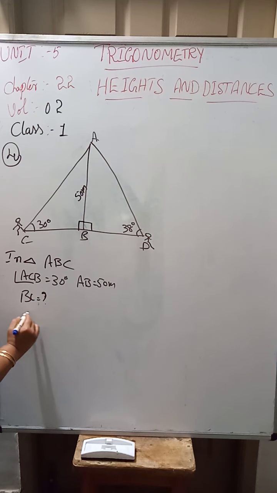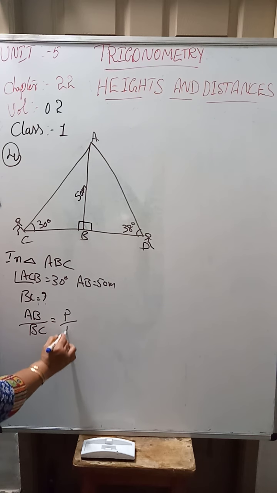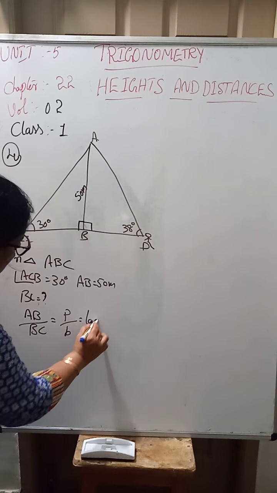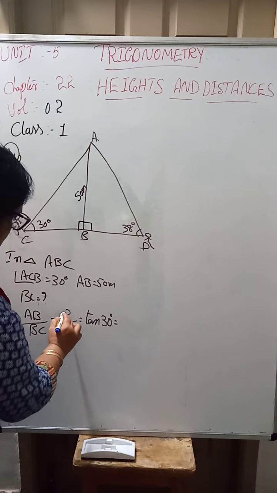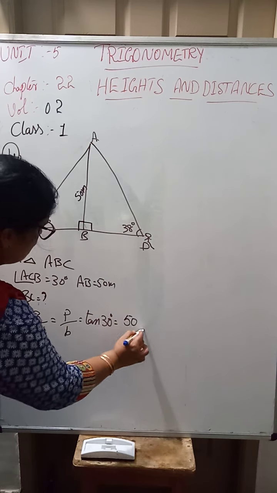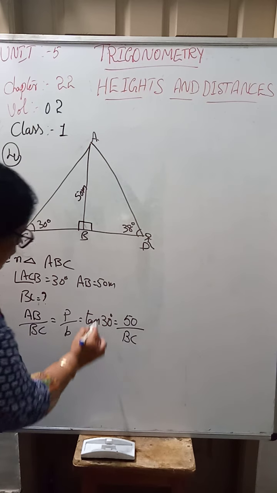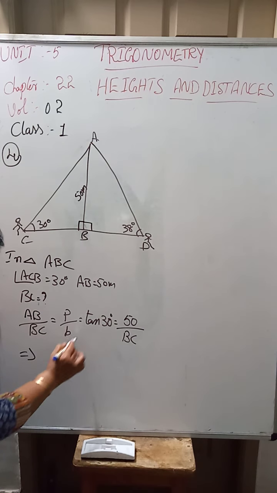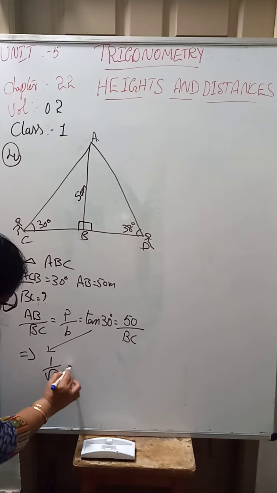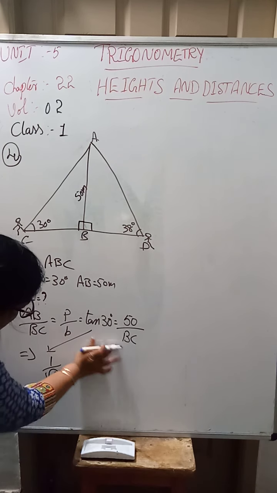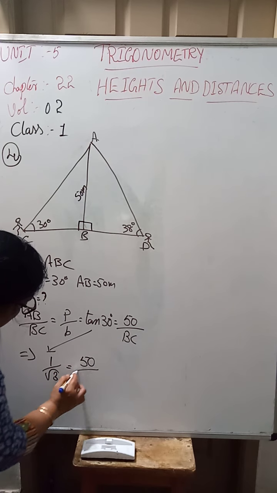AB by BC is nothing but perpendicular by base. So tan 30 degrees is equal to perpendicular, which is 50 divided by BC. Now substitute: tan 30 degrees is 1 by root 3, equal to 50 by BC.